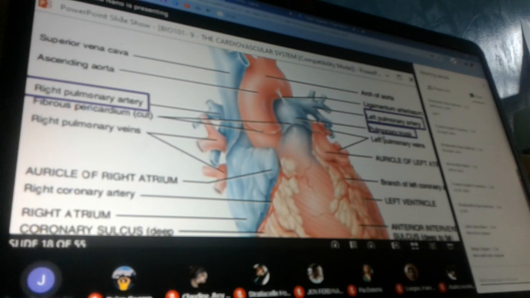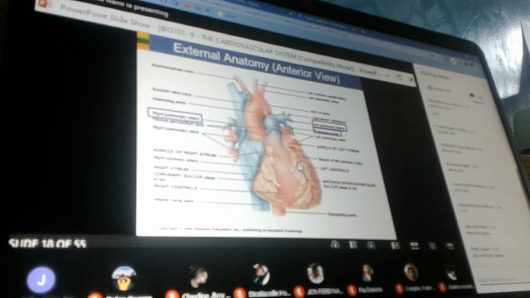Then, itong pulmonary trunk class, mag-part ways sila sa ating left pulmonary artery pati right pulmonary artery. So from the pulmonary trunk, may blood na pupunta dito sa left pulmonary artery, so dito yung left lung, okay? Then dito naman sa right pulmonary artery natin, dito yung ating right lung. Okay? Yun siya.